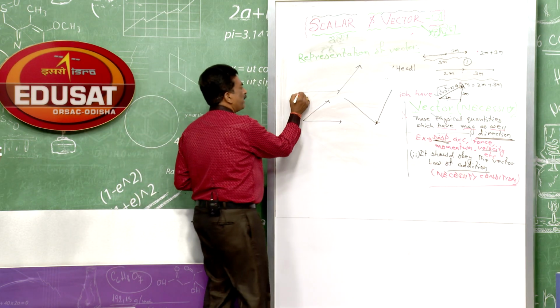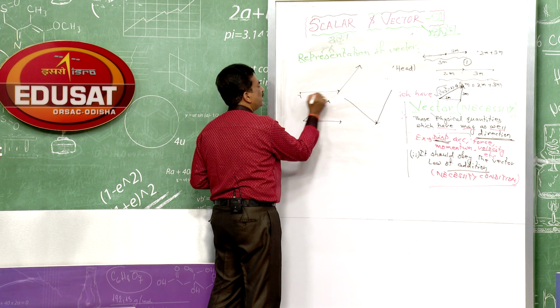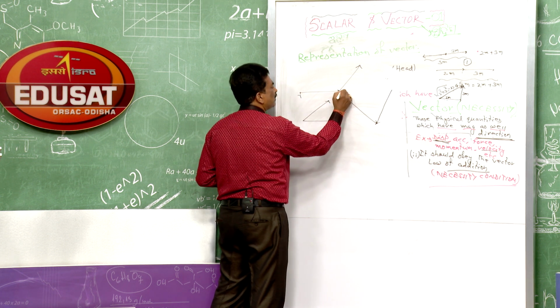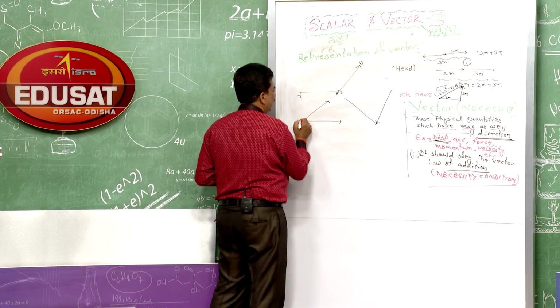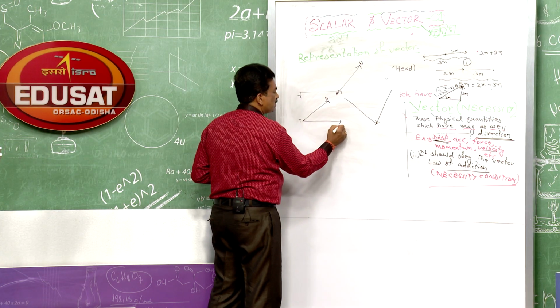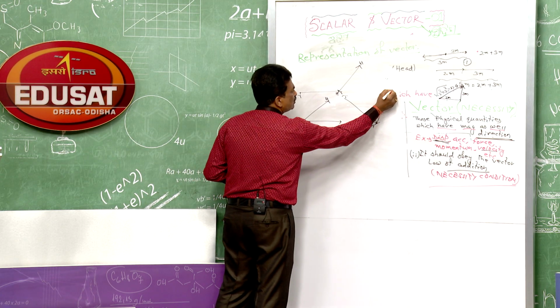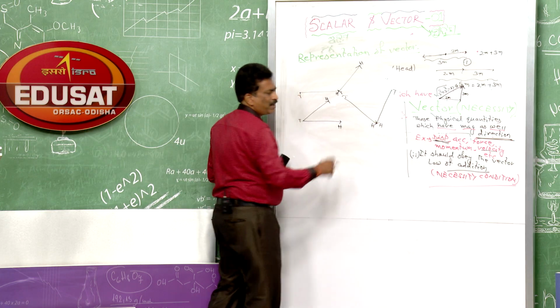This is its initial point and this is the final; this is the tail and this is the head, and likewise for the other vector, this is the tail and this is the head.